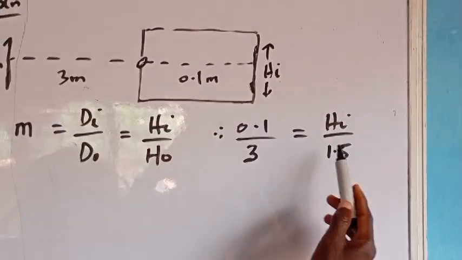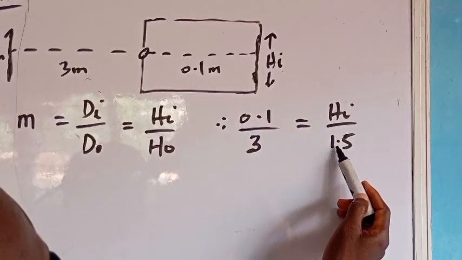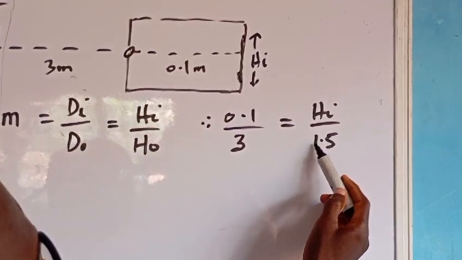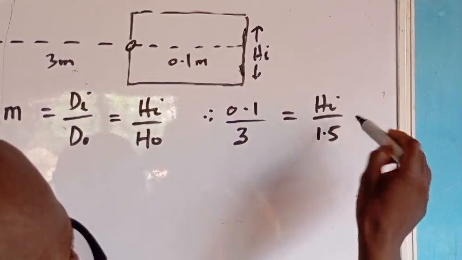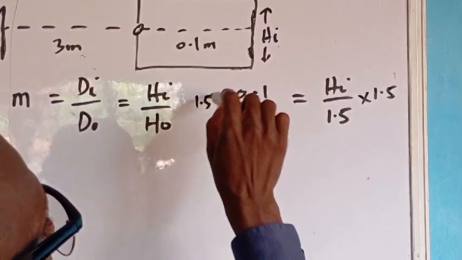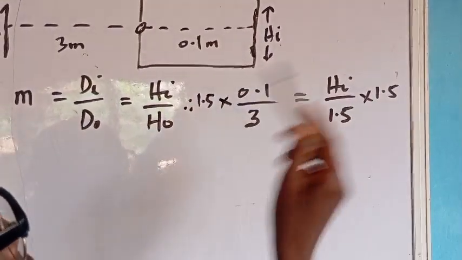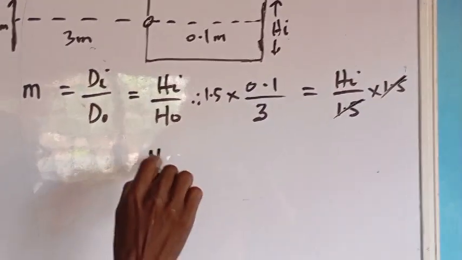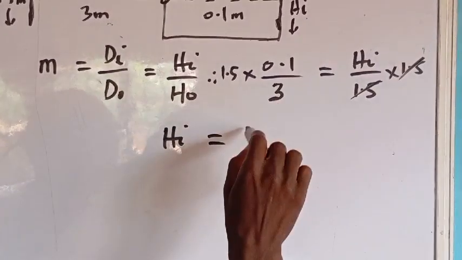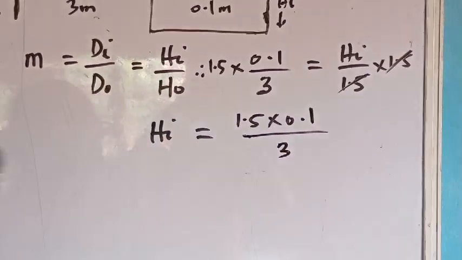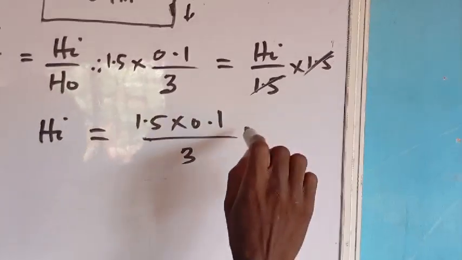To make the image height the subject of the formula, we multiply both sides by 1.5. So I can say 1.5 times this, and this cancels this. We now have 1.5 times 0.1 upon 3.